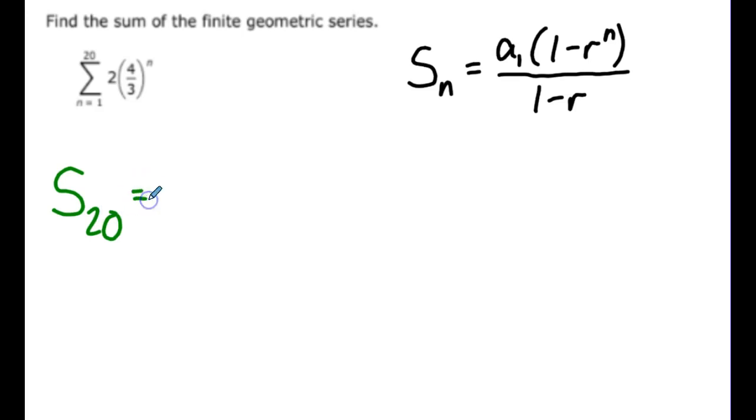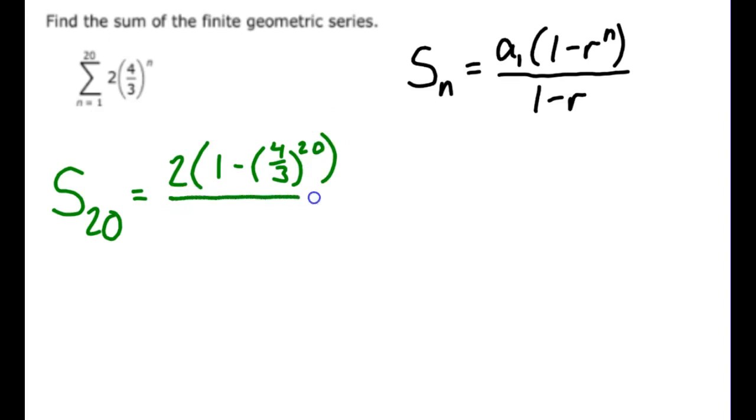This is equal to a sub 1 is 2 times the quantity 1 minus 4/3 raised to the 20th power. And that is all divided by 1 minus r, which is 4/3. Again, you're going to want to type this in on your calculator.